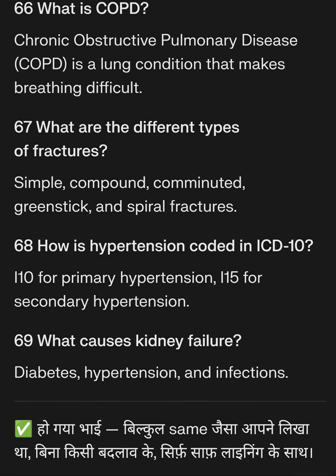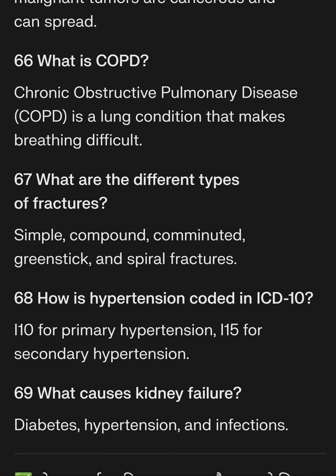What are the different types of fractures? Simple, compound, comminuted, green stick, and spiral fractures. 68. How is hypertension coded in ICD-10? I10 for primary hypertension, I15 for secondary hypertension. 69. What causes kidney failure? Diabetes, hypertension, and infections.